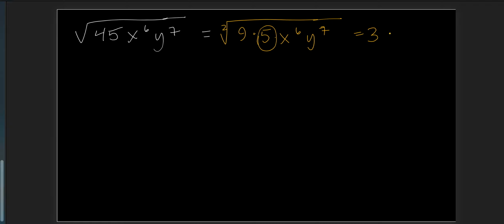There's 3 x's that you can take out. Anyway, 6 divided by 2 is 3. And we've got to consider how many y's we can take out. So if you want to write out 7 y's, do that, but you'll start to see this a bit faster too. And we're looking for a set of 2 things that are the same.